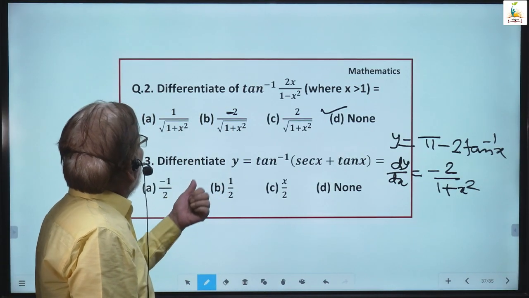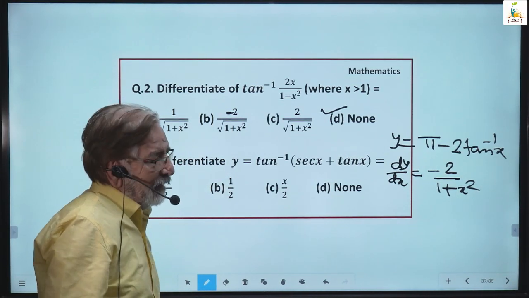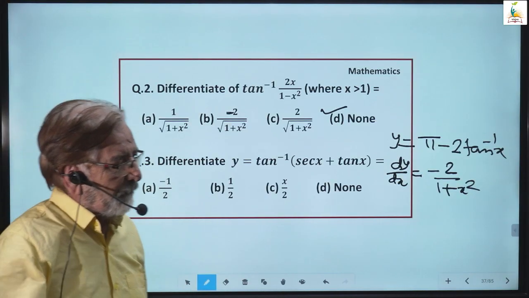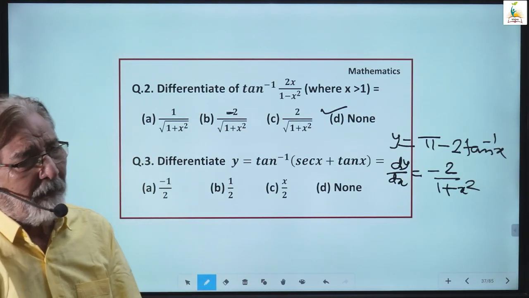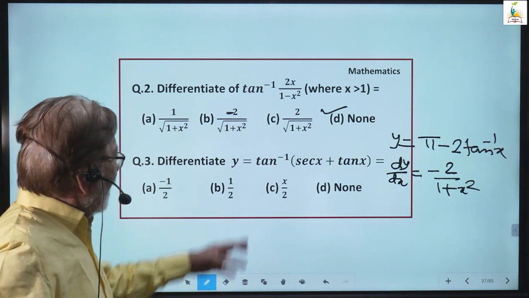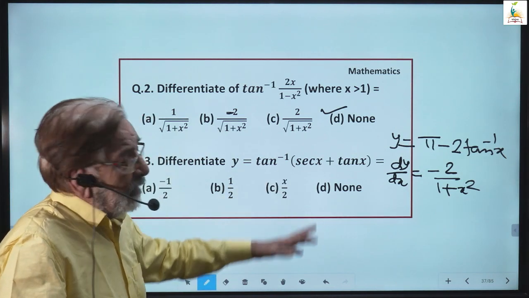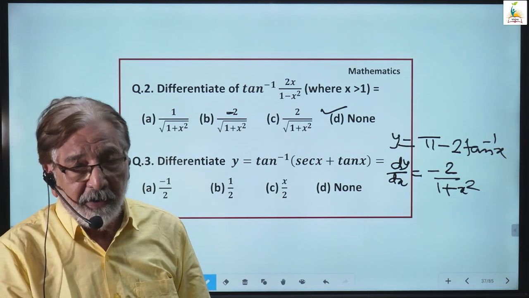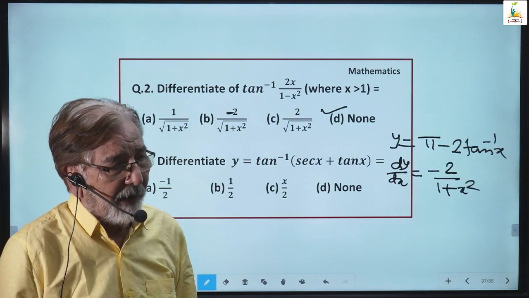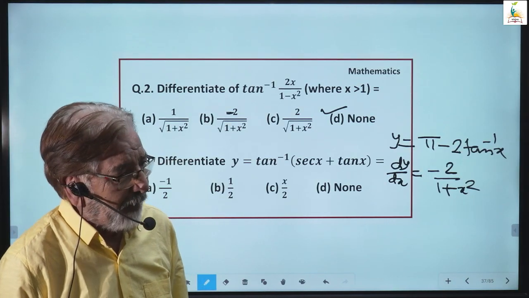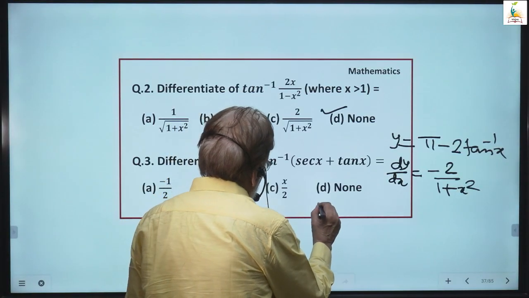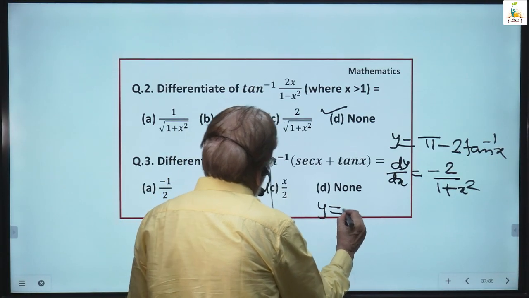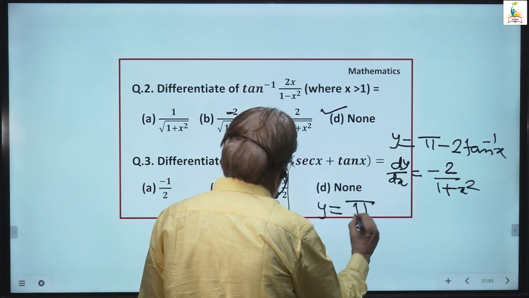Next is, differentiate y equal to tan inverse of sec x plus tan x. If you simplify it, sec x plus tan x will be equal to tan of pi by 4 plus x by 2. Tan inverse of tan of pi by 4 plus x by 2. So this will be y equal to pi by 4 plus x by 2.